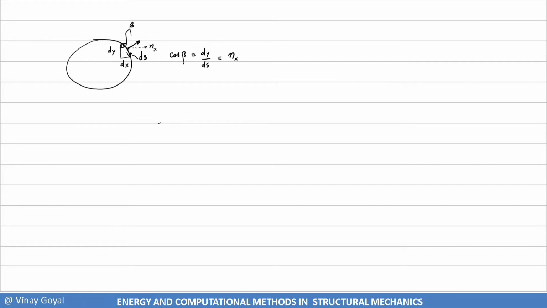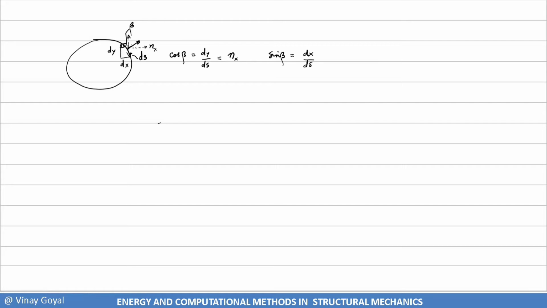And you can also verify with me that sine of beta is dx/ds. I'm really looking at this normal there.